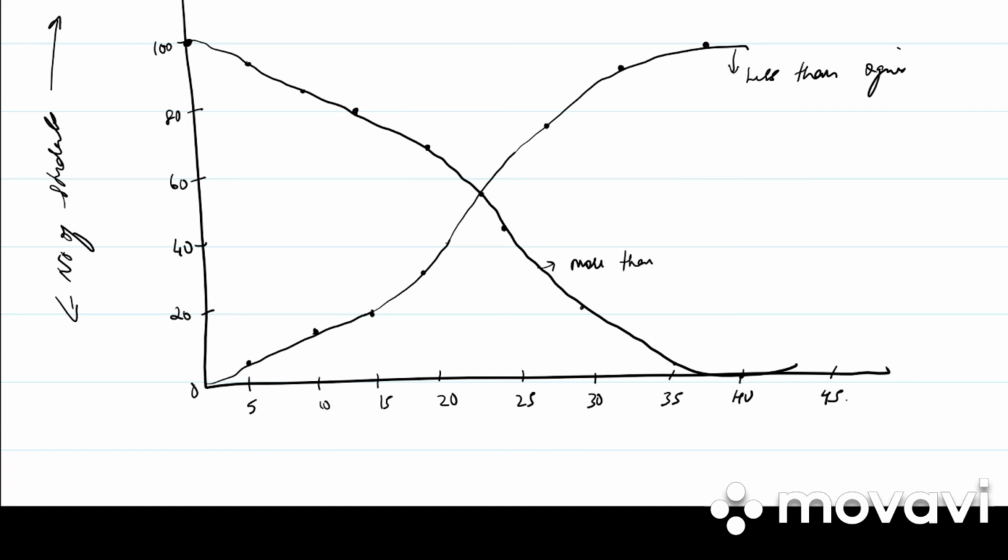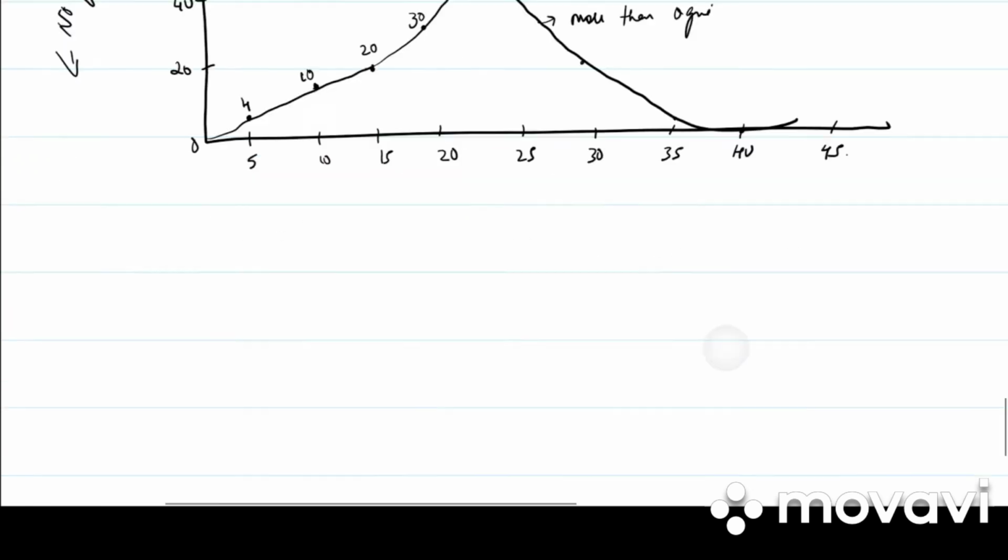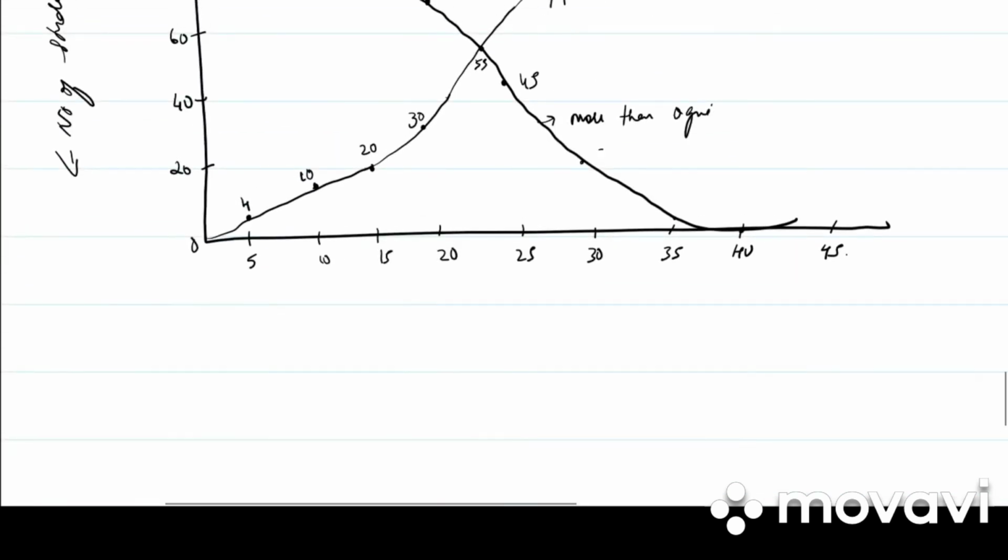More than ogive. We mark the points 4, 10, 20, 30, 55, 77, 95 and 100. This would be 100, 96, 90, 80, 70, 45, 23, 5 and 0.